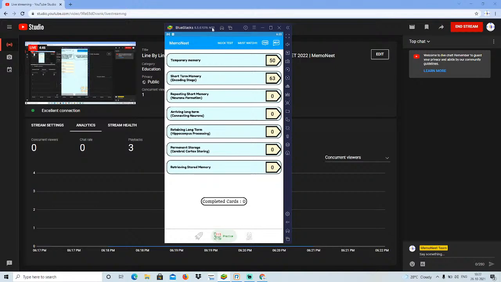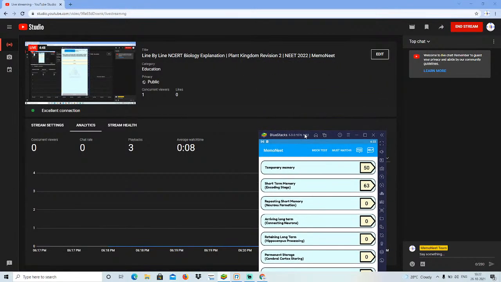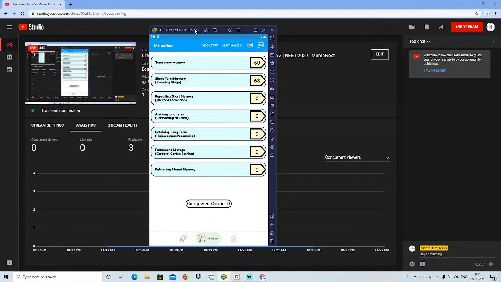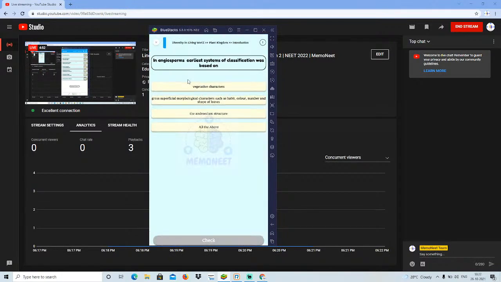I think mostly all the questions in short-term memory would have been from algae. Okay, this is from Plant Kingdom. In angiosperms, the early system of classification was based on all the above: vegetative characters as well, gross, superficial, morphological, etc. See, this question covers like 3 lines.